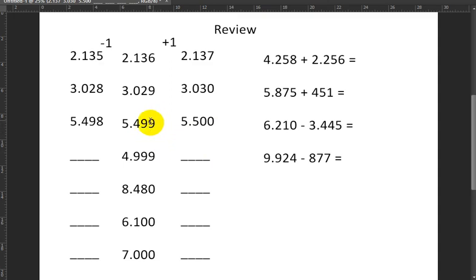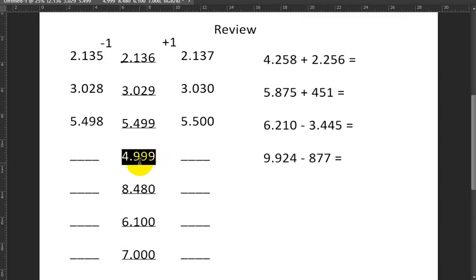I added 1 to this 9, became a 0, and it knocked over the next 9, and that became 0 too, and then the next number increased by 1. If it was a 9, it would have also become 0 and increased the next number by 1. It's as if it's dominoes. The one number is knocking the next over, right? So that's what's going to happen here.